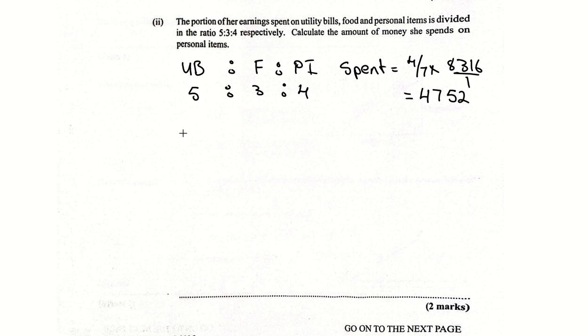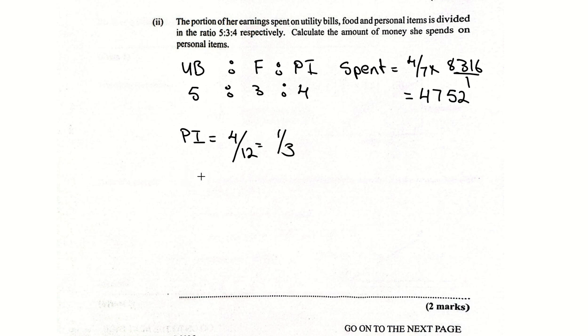Calculate the money she spent on personal items. So we know that personal items as a fraction is 4 out of your total, so 4 parts out of your total number of parts. That would be 5 and 3 is 8, 8 and 4 is 12. So personal, that's 4 out of 12, is a third.